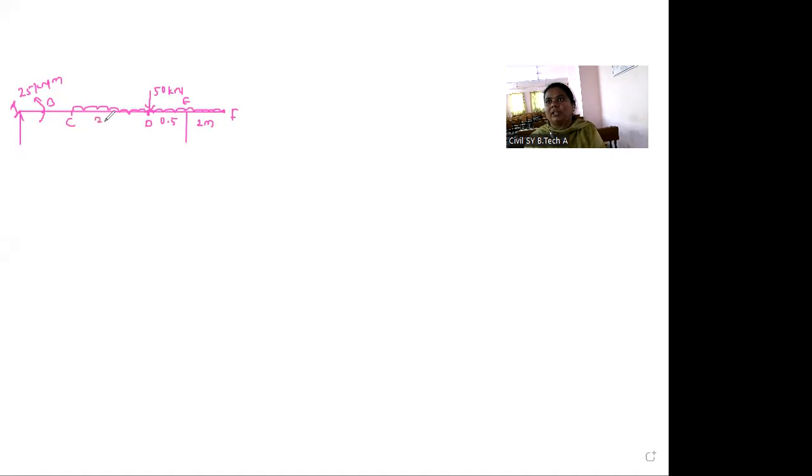And this span is 2.5 meter. This is 1 meter and this is 1 meter. So 1 plus 1 is 2, 3, 5, 7. So the total span is 7 meter. So this is the question, and we have to draw the shear force and bending moment diagram for this overhanging beam.